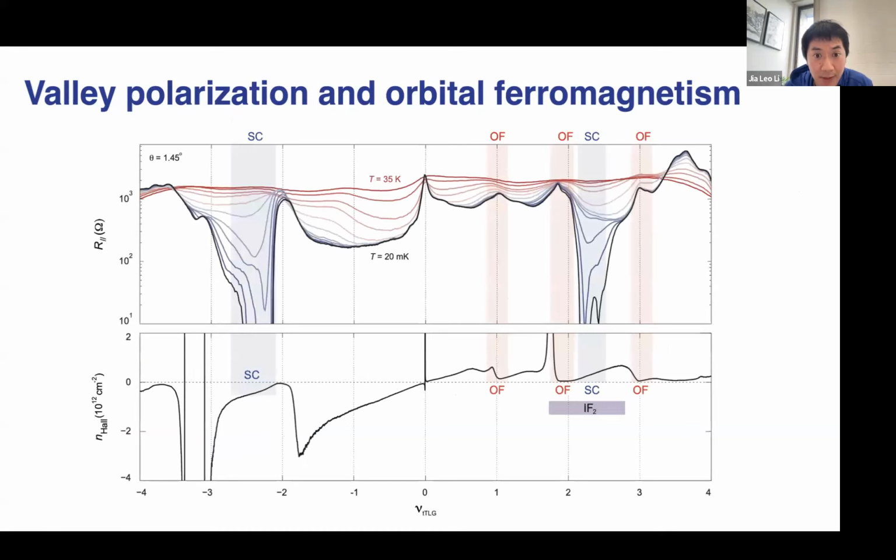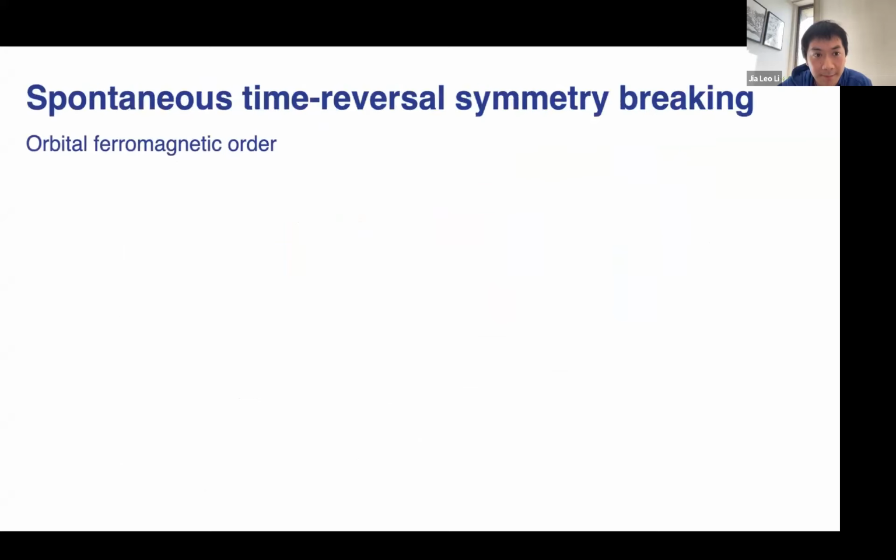For example, in this twisted trilayer sample, we have orbital ferromagnetic order near integer filling, and that provides an opportunity for us to look at the origin of the non-reciprocal response.